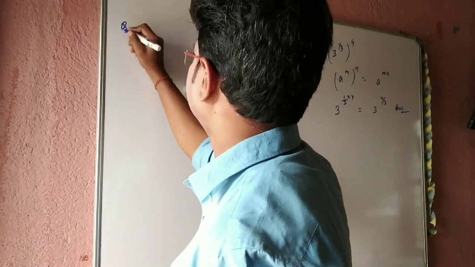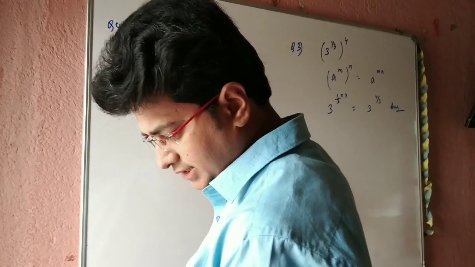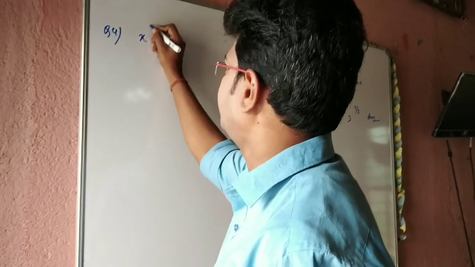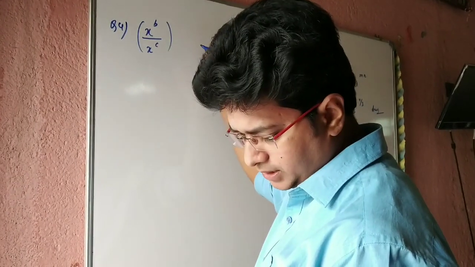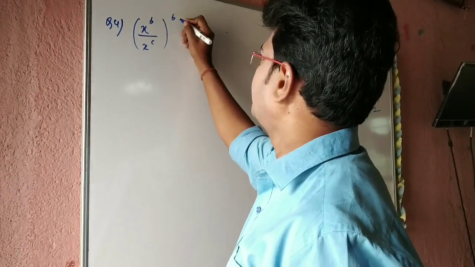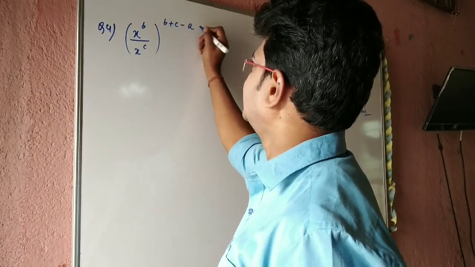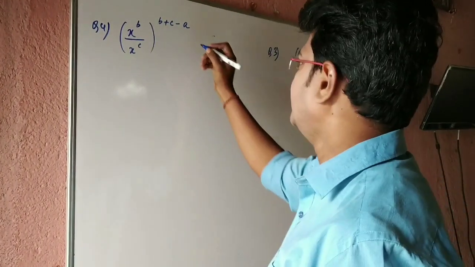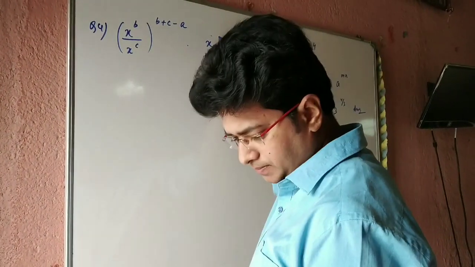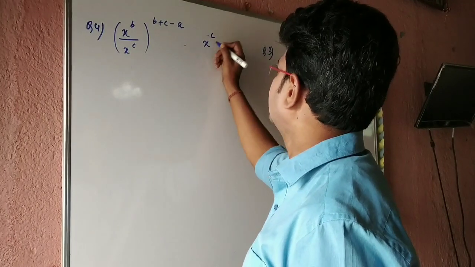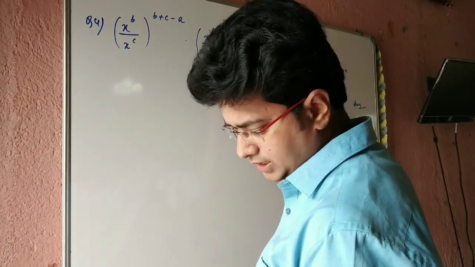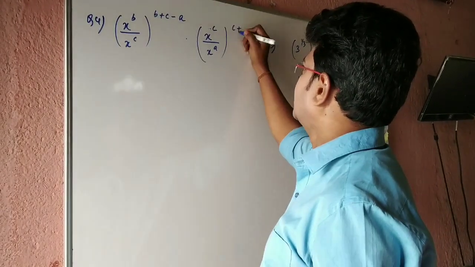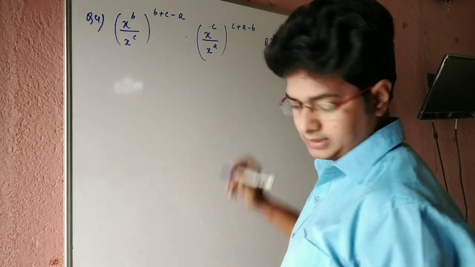Suppose that the question is (x to the power b by x to the power c) whole to the power b plus c minus a, into (x to the power c by x to the power a) whole to the power c plus a minus b.